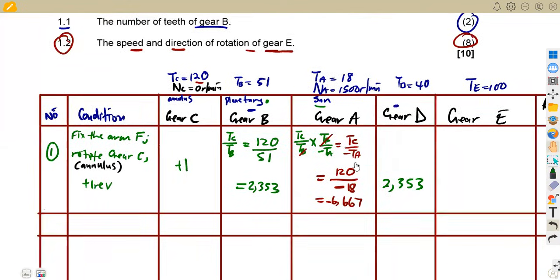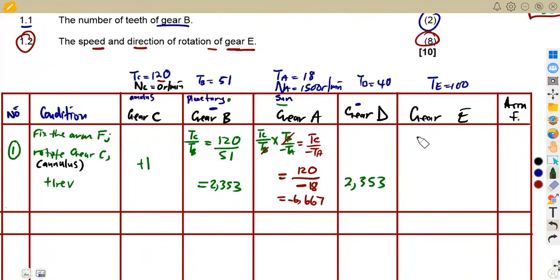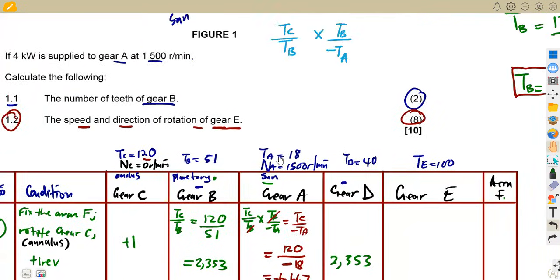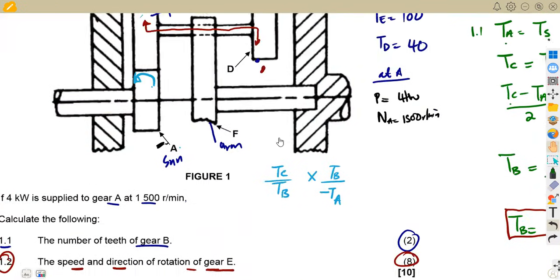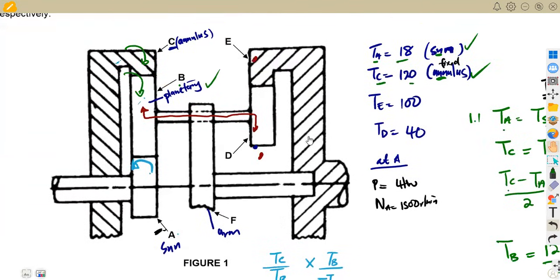All right, let us consider now E. What is going to happen on E? If we check our diagram here, this is where we have E. Remember, we said there's a linkage happening.